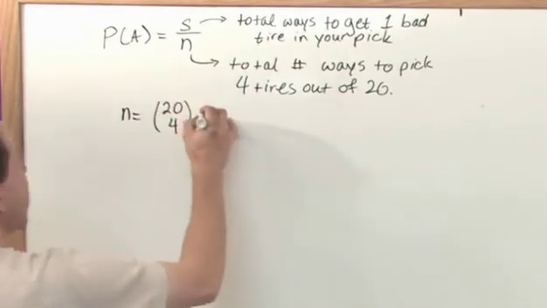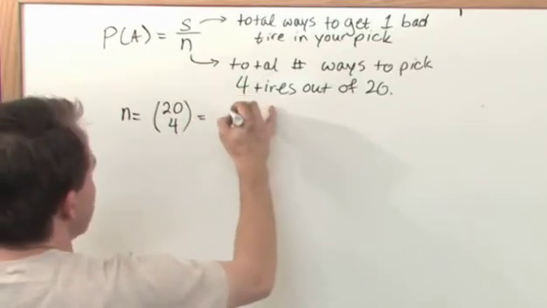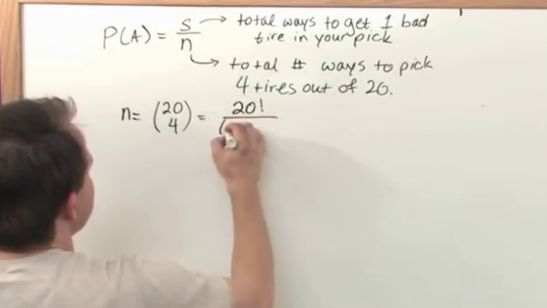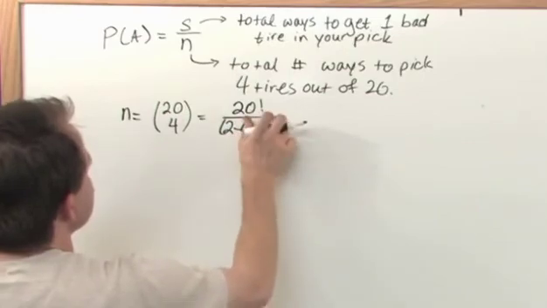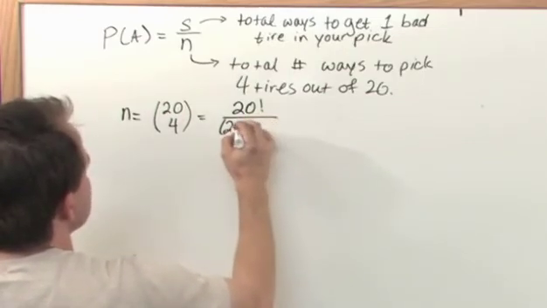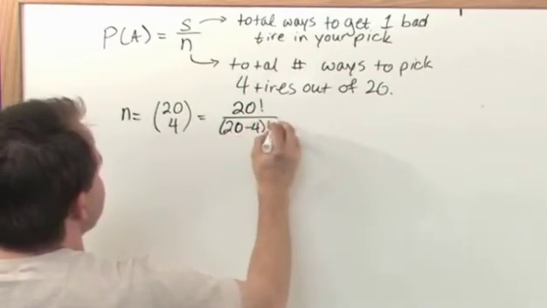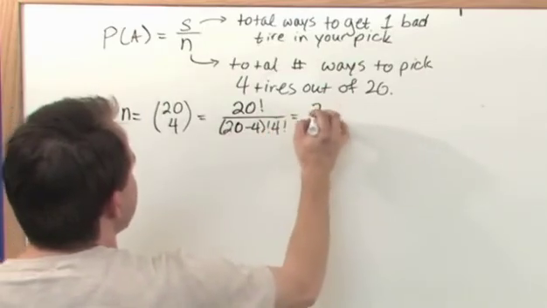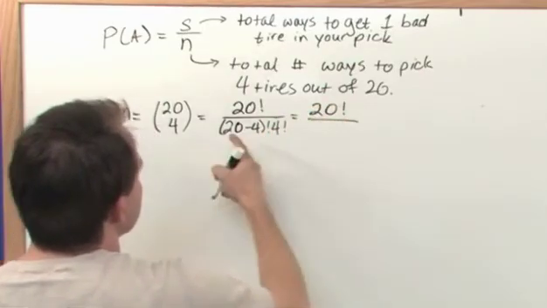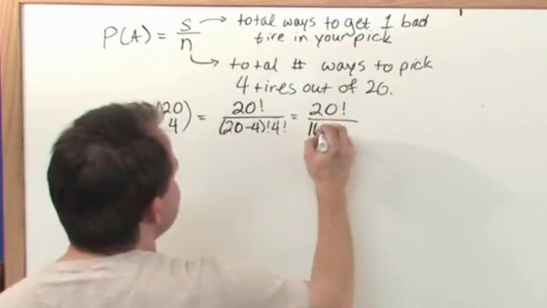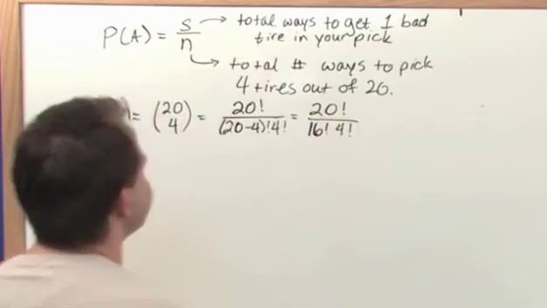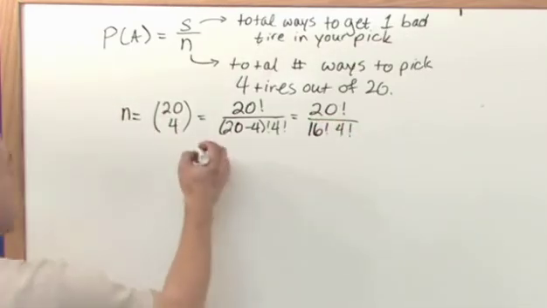20 combination with 4 is going to be 20 factorial over 20 minus 4 factorial times 4 factorial. So I'm going to have 20 factorial over 16 factorial times 4 factorial. Okay? Now let's go ahead and simplify.